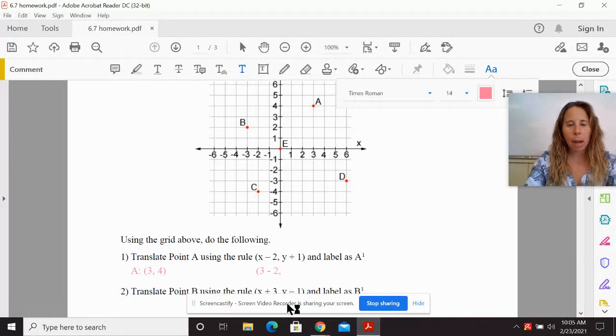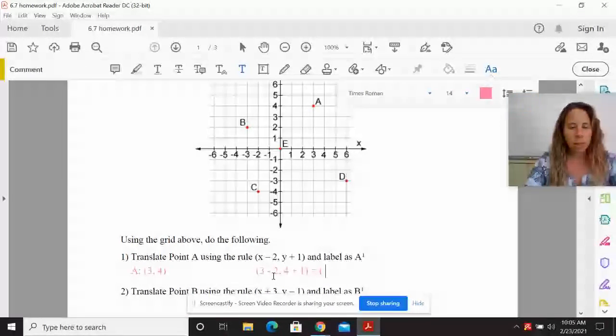And then right now on the grid, where is A? What's the y value of A? X is 3, y is 4. So that's 4 plus 1. So then you just solve this.